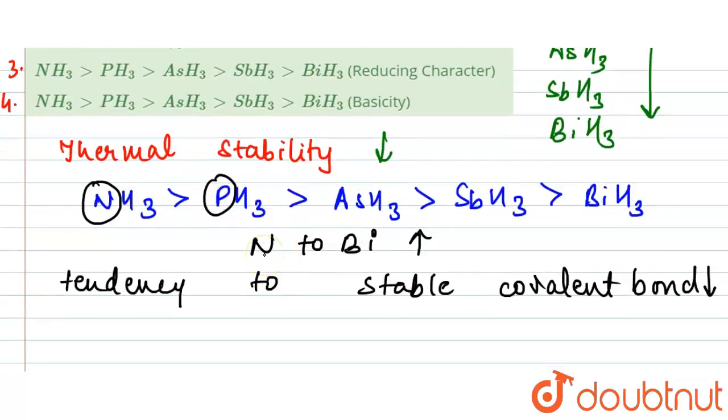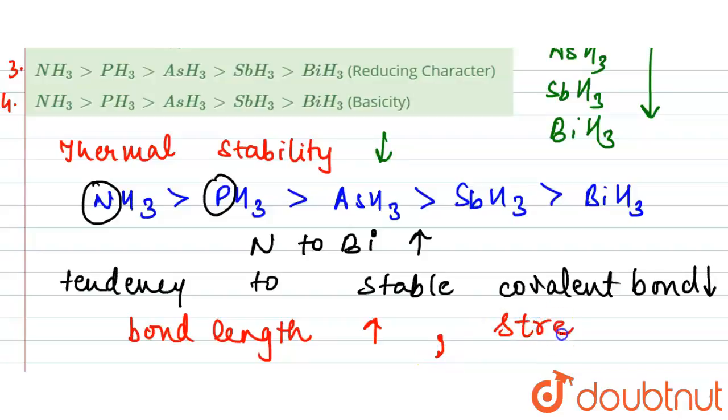So the bond length increases and the strength decreases, because the bond length is inversely proportional to the strength.